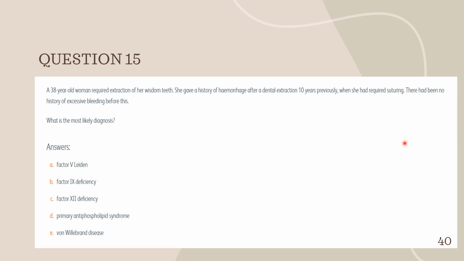There could be other manifestations, and it will not happen suddenly in a patient years later. It can present earlier itself. Factor 12 deficiency, no. Primary antiphospholipid syndrome is again a prothrombotic phenomenon, not a bleeding manifestation. Factor 5 Leiden mutation is also a prothrombotic, not a bleeding manifestation.